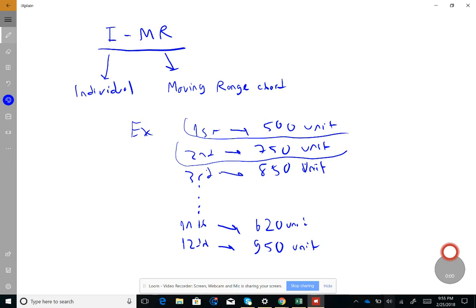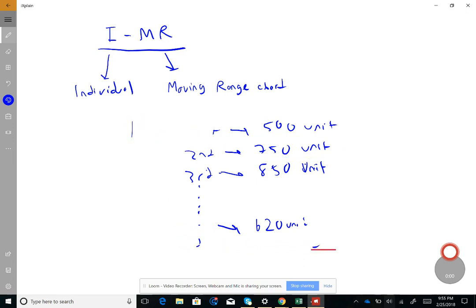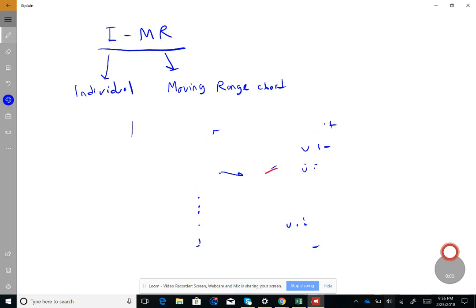All right. So how do we construct the IMR chart? Like we did in the first two charts, X bar and R chart, we have control limits for the IMR chart too.